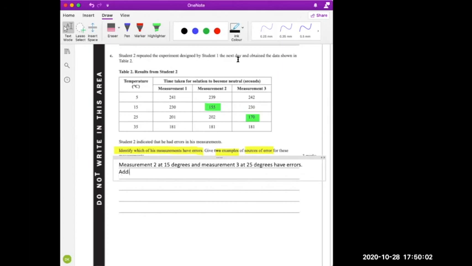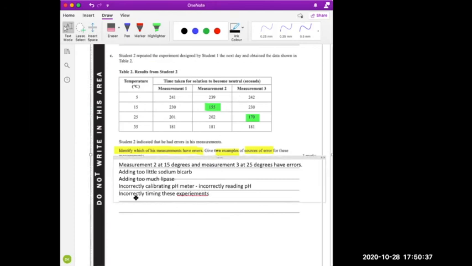But I would say adding too little sodium bicarb, adding too much lipase, because obviously that would make the reaction go faster, incorrectly calibrating the pH meter, which is the same as incorrectly reading pH, and then just incorrectly timing these experiments. They only want 2, so I would go with the first 2 if I was you, but these other 2 are still options as well.